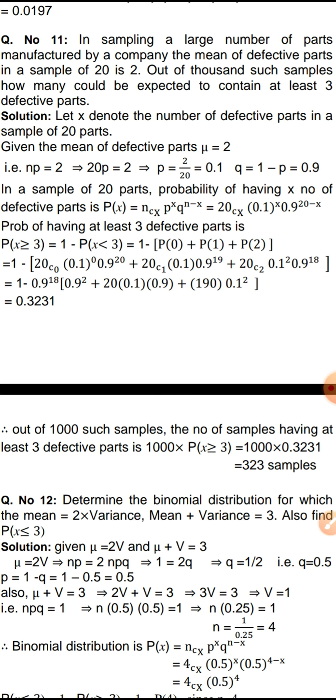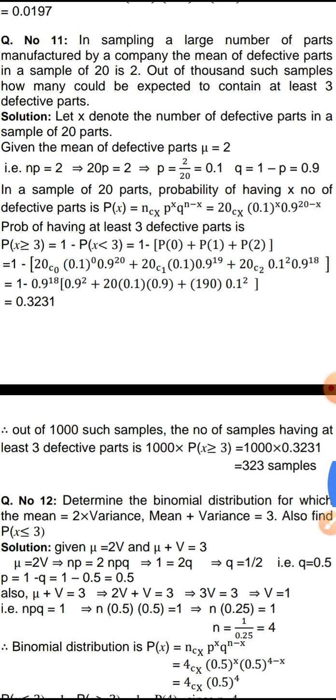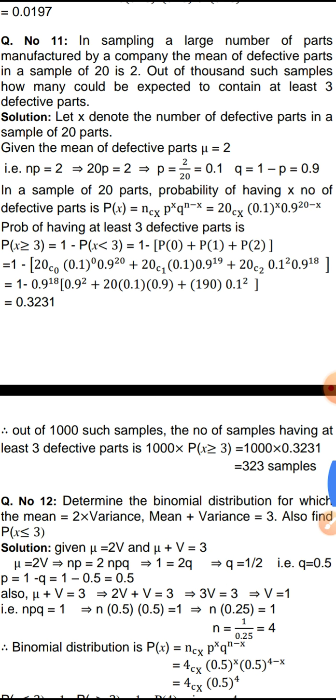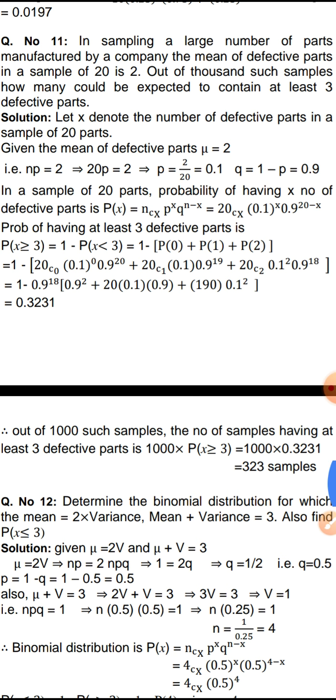Out of 1000 such samples, each having 20 parts, how many could be expected to contain at least 3 defective parts?